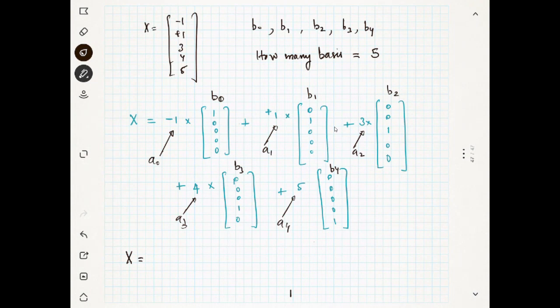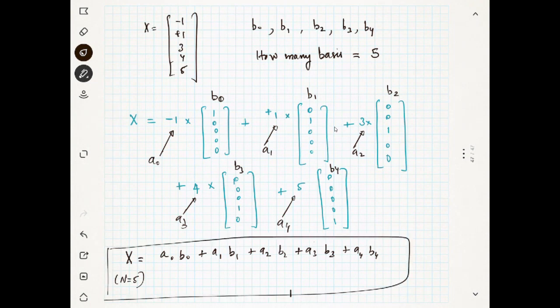So I can represent any signal with this dimension 5 as A0 into B0 plus A1 into B1 plus A2 into B2 plus A3 into B3 plus A4 into B4. Do you agree with me in this regard?